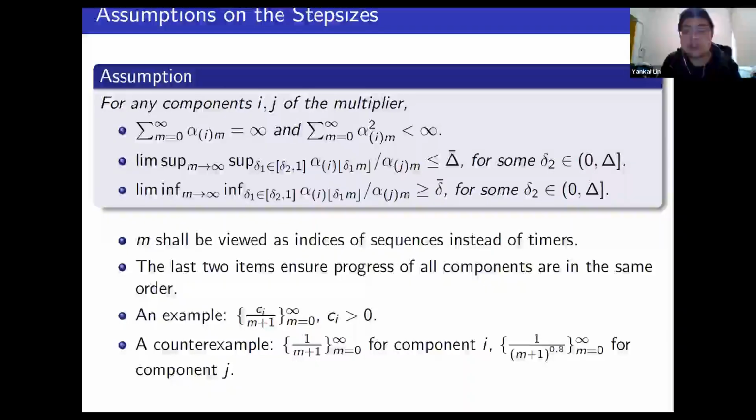This one is also squarely summable, but not summable. But the problem is that when k goes to infinity, even if the algorithm is synchronous, if you take the ratio, depending on whichever one you put on the numerator, you either get infinity or 0. So that's not what we want to happen.